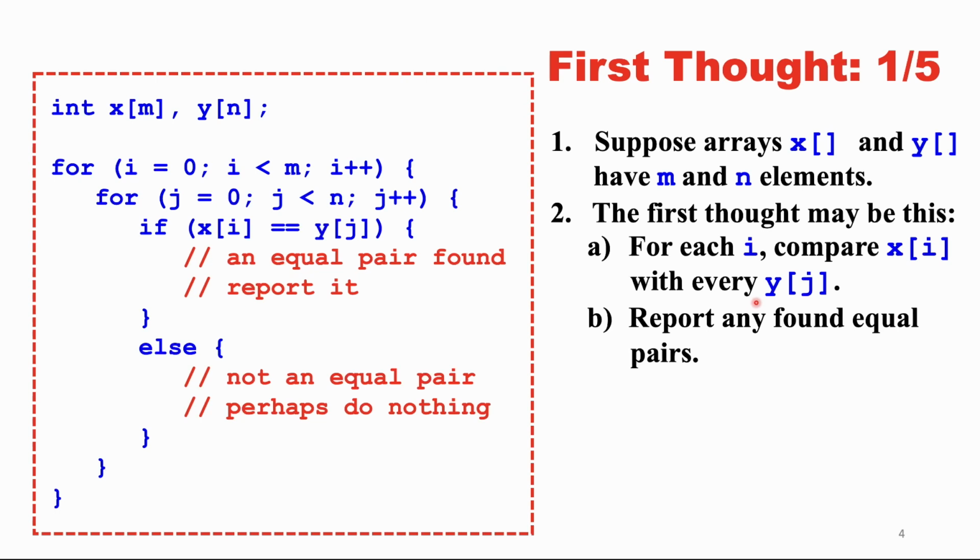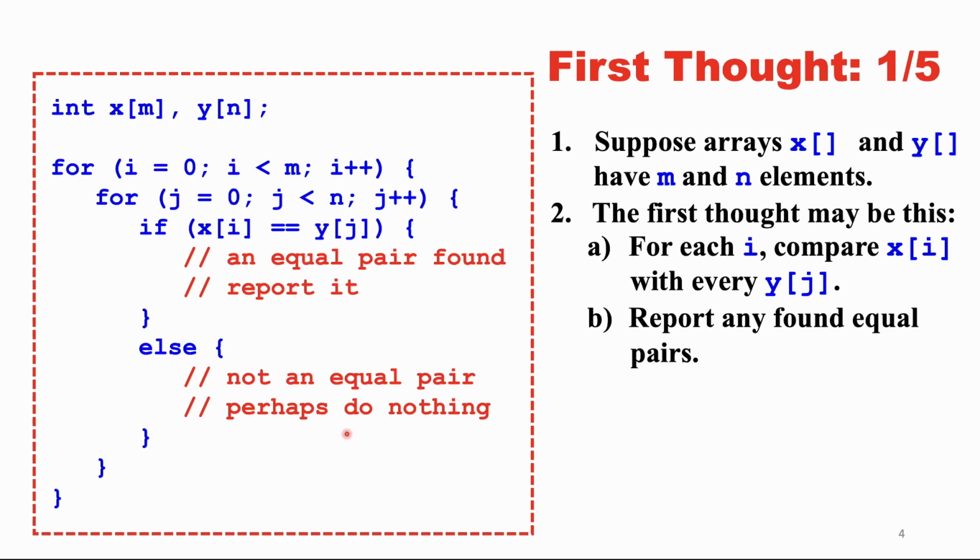If we happen to find an xi which is equal to yj, then we report an equal pair is found. So for each xi, i runs from 0 to m minus 1. We're going to compare xi against all elements in y. Here, j runs from 0 to n minus 1. We compare these two. If they are equal, we have found an equal pair.